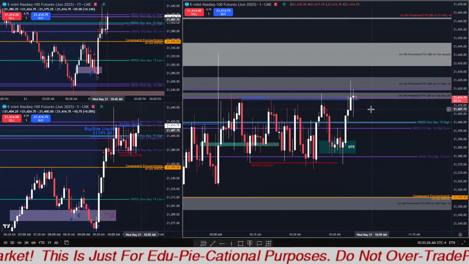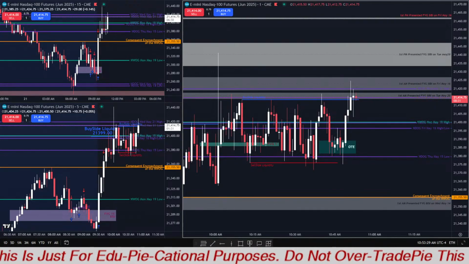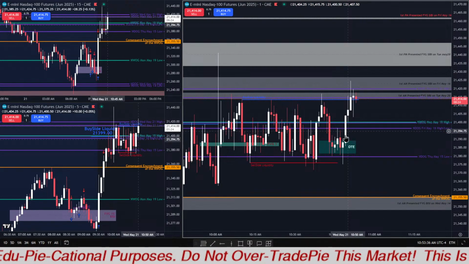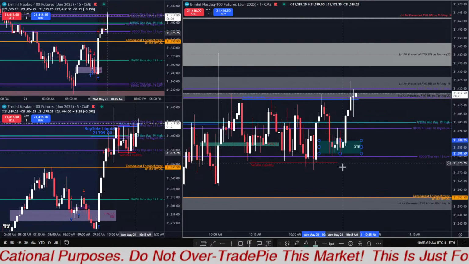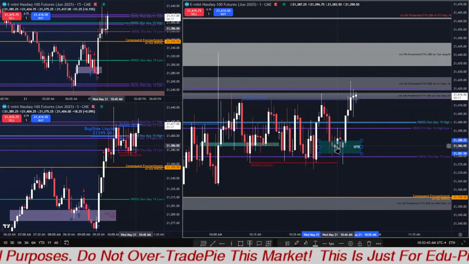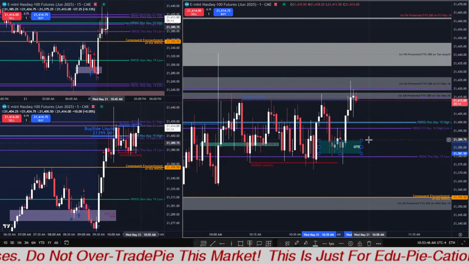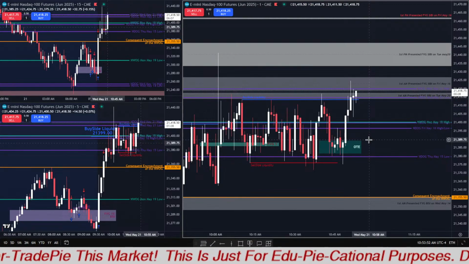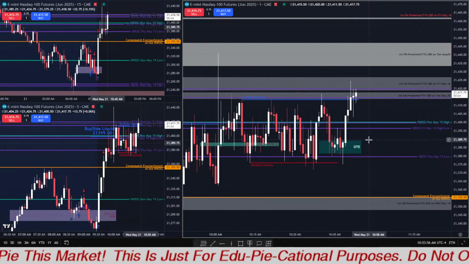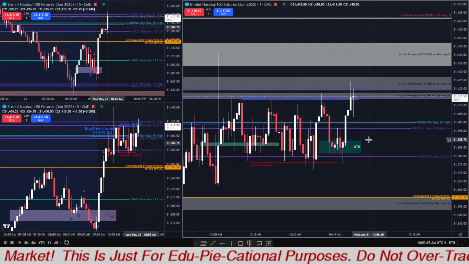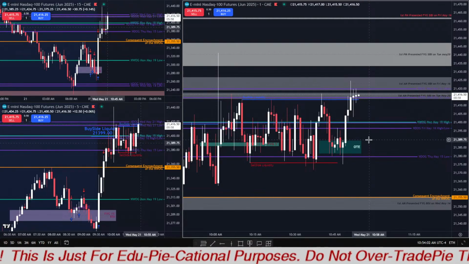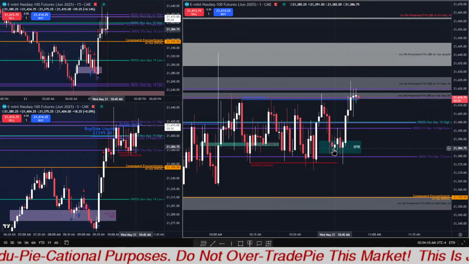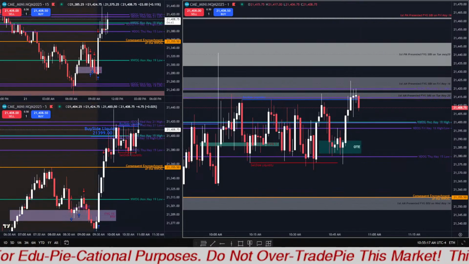Notice how the market was ranging over here and the bodies were staying in the upper portion of this rectangle.